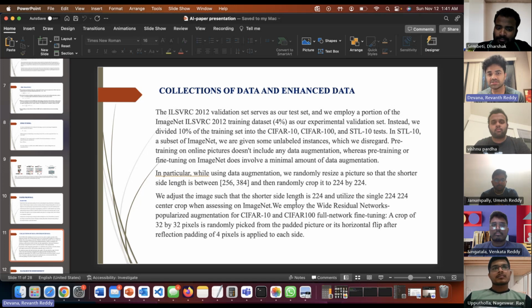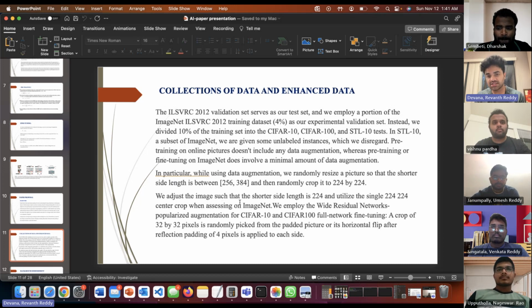Pre-training on online pictures doesn't include any data augmentation, whereas pre-training or fine-tuning on ImageNet does involve a minimal amount of data augmentation. In particular, while using data augmentation, we randomly resize a picture so that the shorter side length is between this much, and then randomly crop it to 224 by 224.